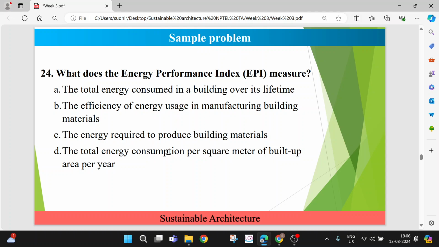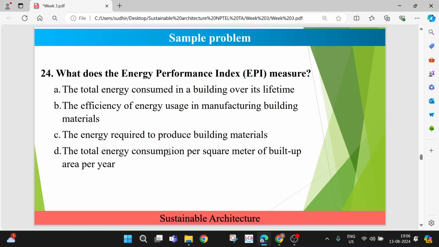EPI. Option A. So option A is not the right answer for this one.